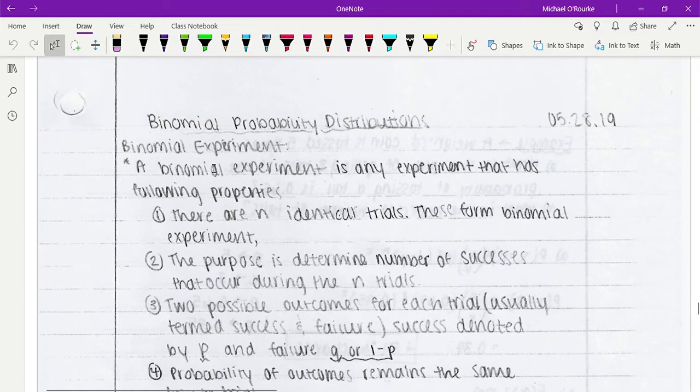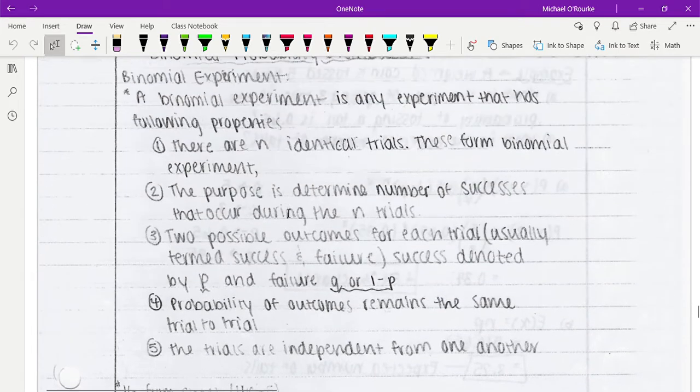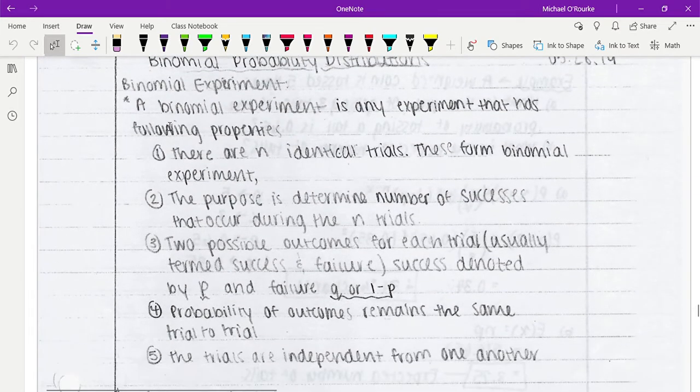Okay. So, binomial probability distribution. A binomial experiment has these five things about it. There are n independent trials. These form a binomial experiment.